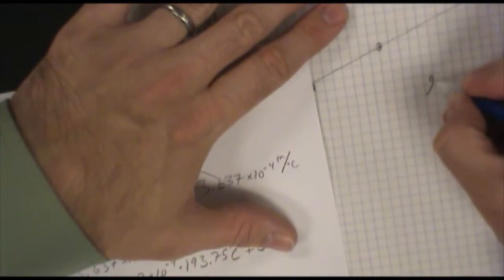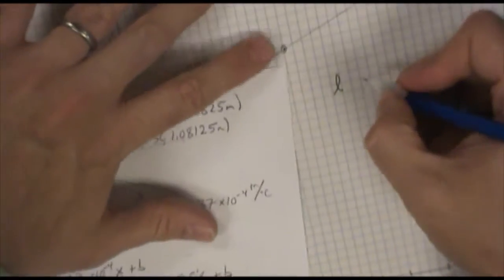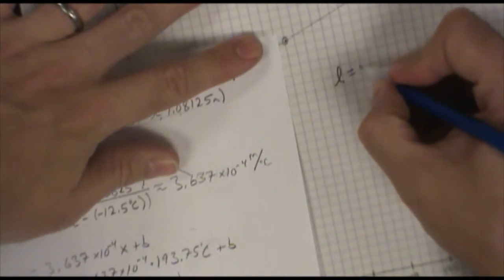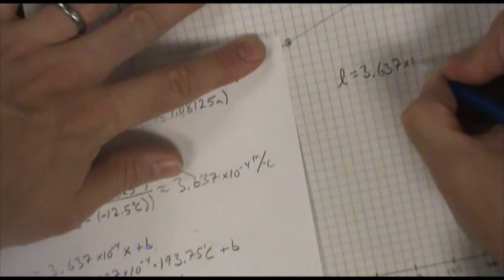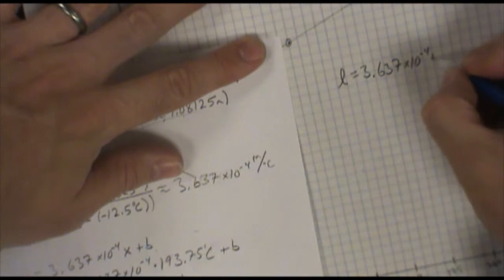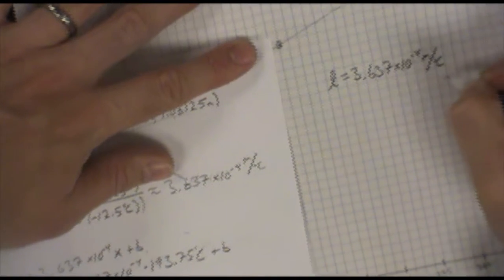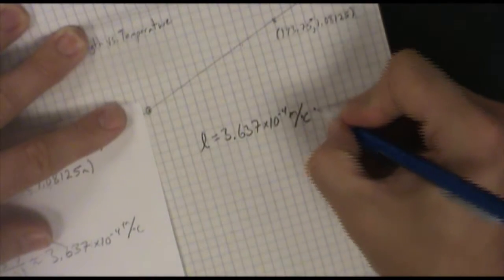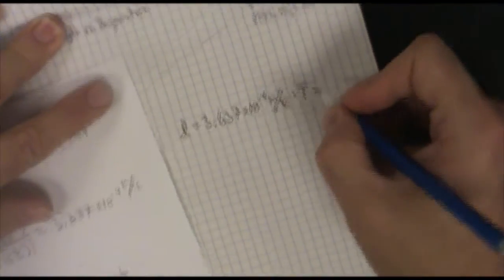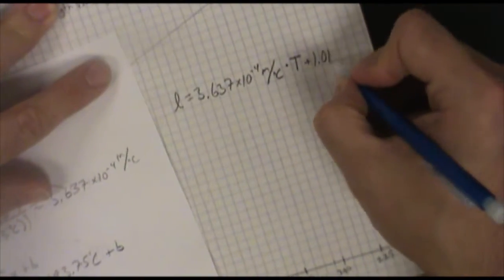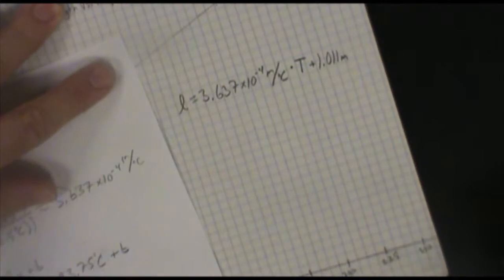Writing our equation, I have found that length is equal to 3.637 times 10 to the minus 4 meters per degree Celsius times the temperature plus 1.011 meters.